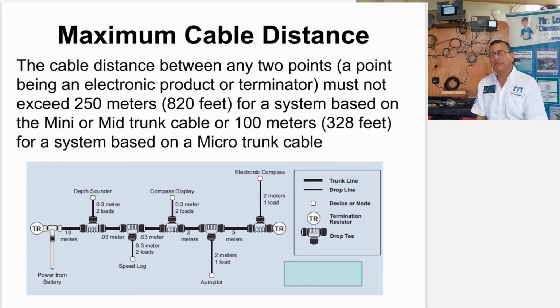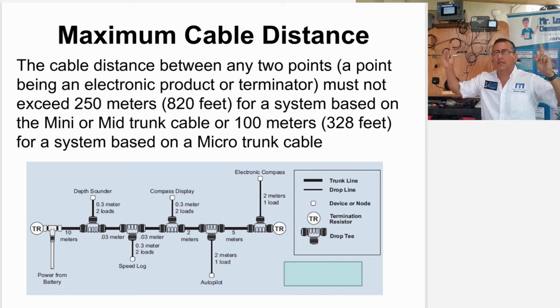Okay, my friends, look at this. Maximum cable distance. We are going to calculate the maximum distance of the trunk, starting by checking how much it is depending on the cable that we are going to use.